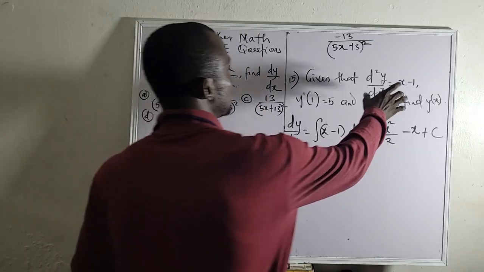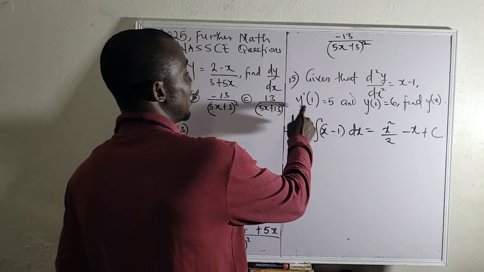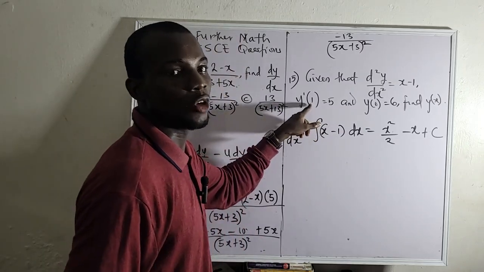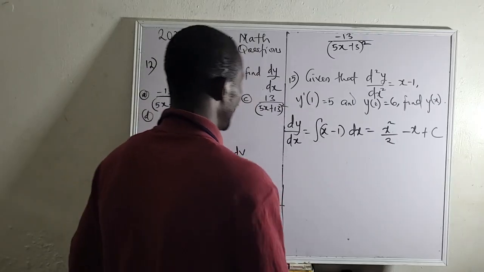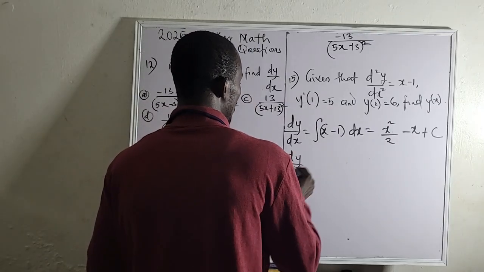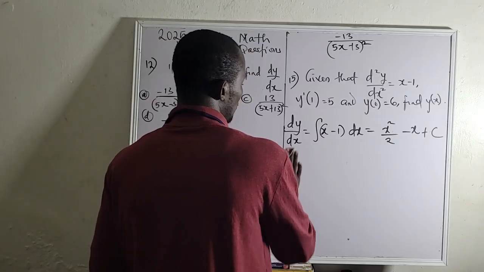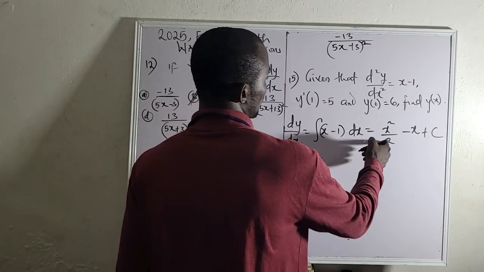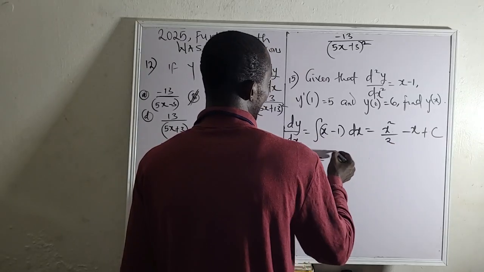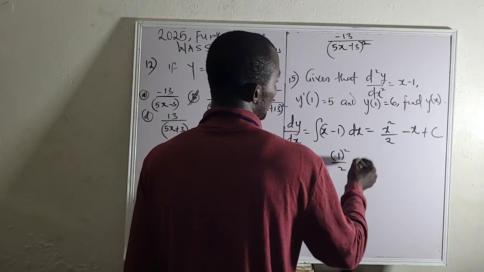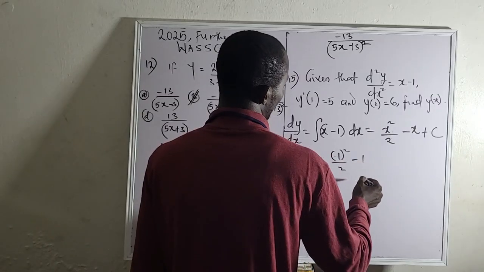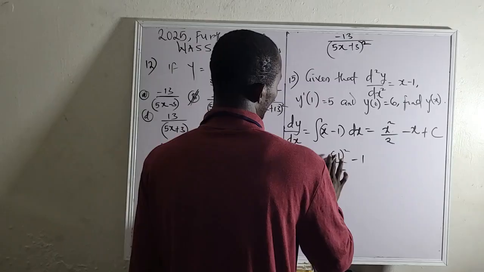So, this information tells us that by the time we apply this condition, we are going to get 5. It means that our y prime of 1 will be equal to, right here you have 1 squared over 2 minus x, which is just 1, not minus 1.